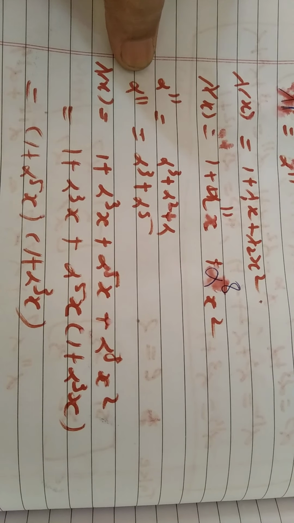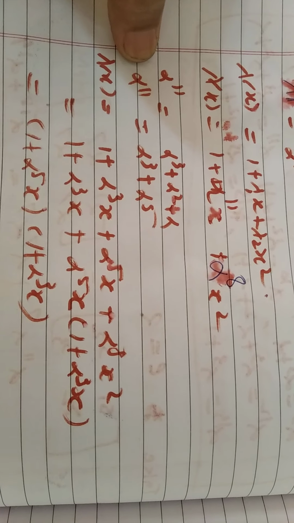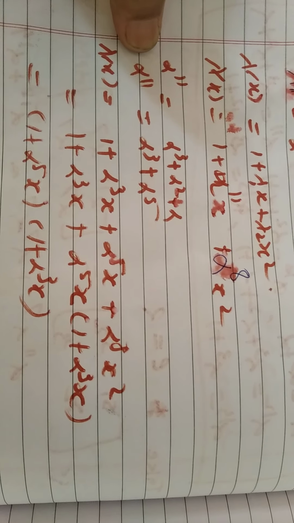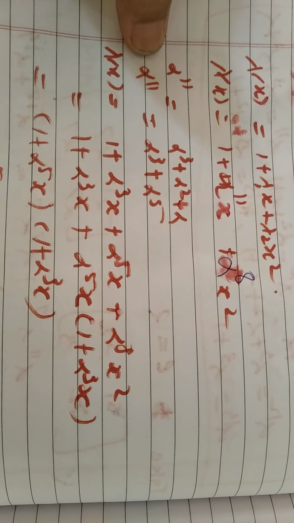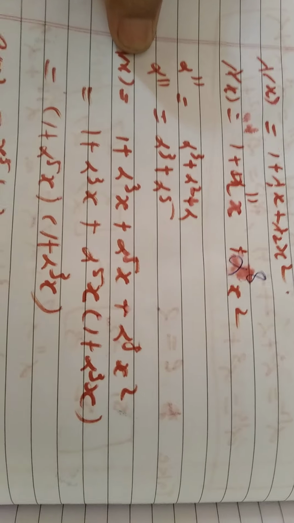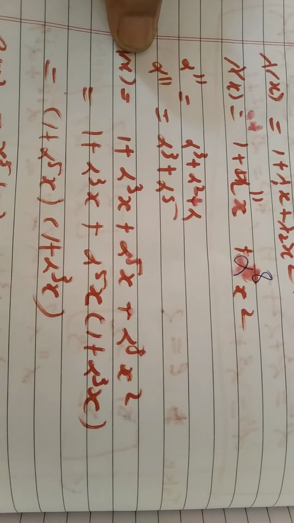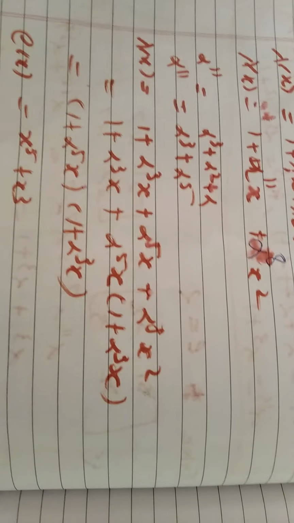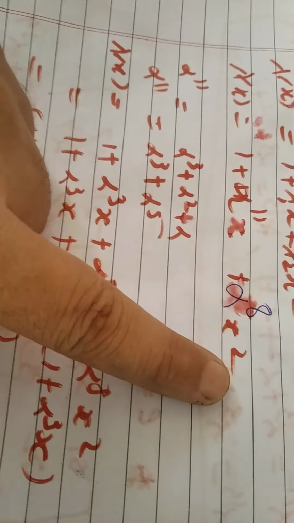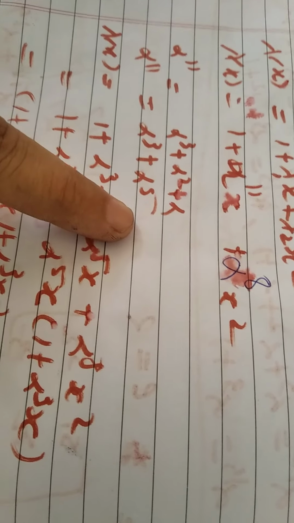Now alpha raised to 11 is equal to alpha cube plus alpha square plus alpha. You have to write alpha raised to 11 in two terms, so alpha cube plus alpha raised to 5, because alpha square plus alpha is equal to alpha raised to 5.